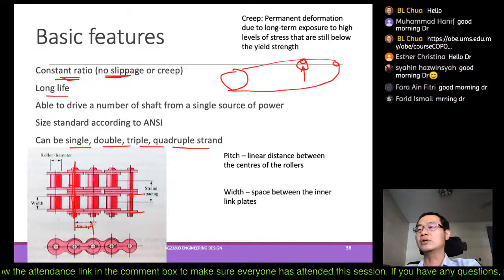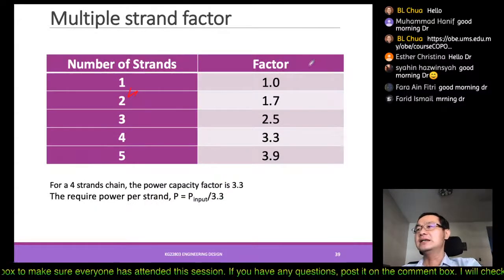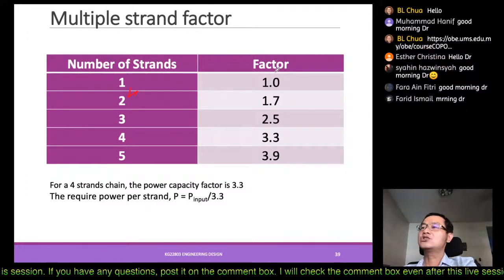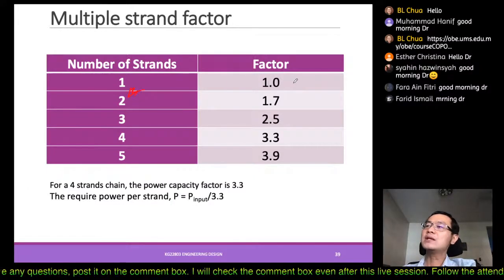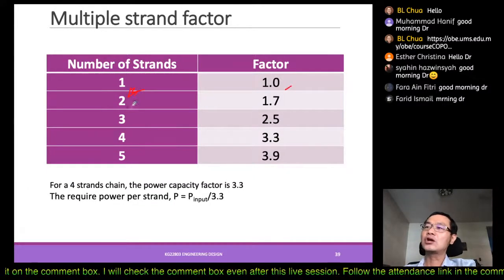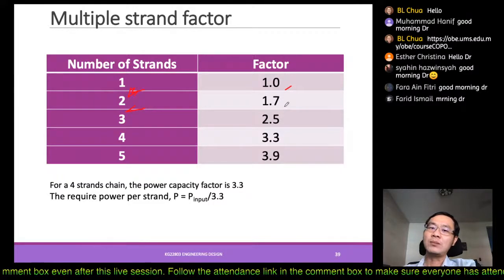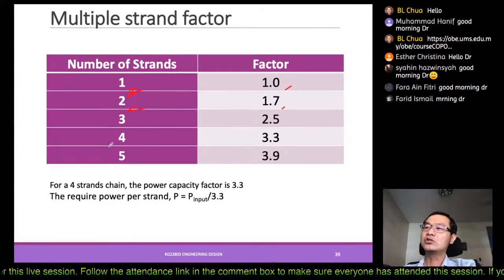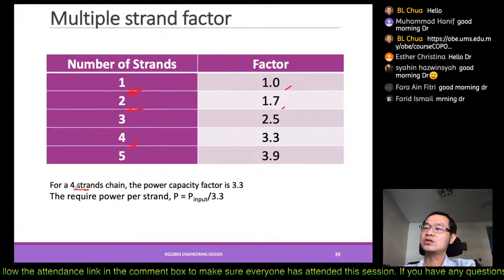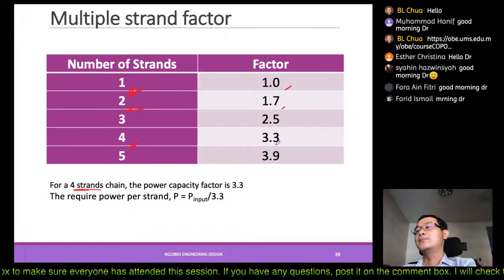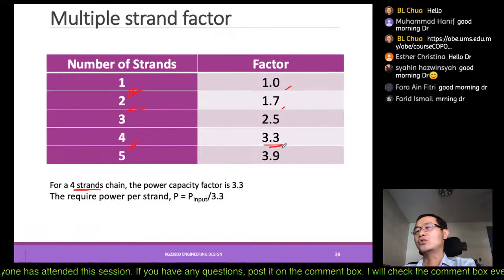Therefore they have this factor to multiply instead of the number of strands. So if we are going to use 1, then we divide by 1, but if we are going to use 2, we don't divide by 2 anymore. We divide by 1.7. If we are going to use a 4 strand chain, then the power factor will be 3.3 instead of 4.